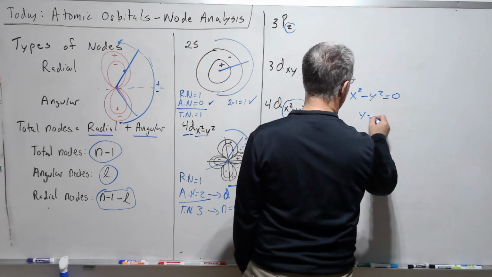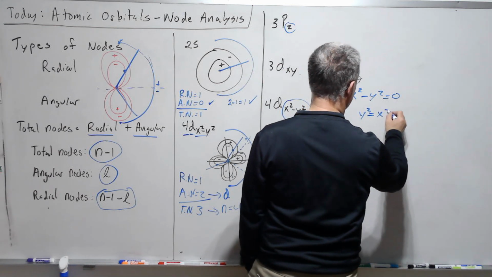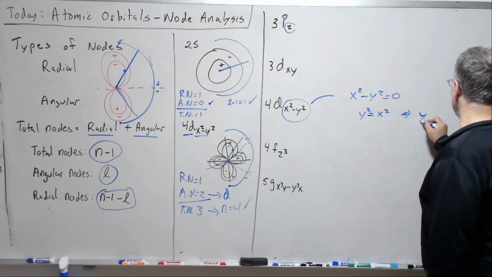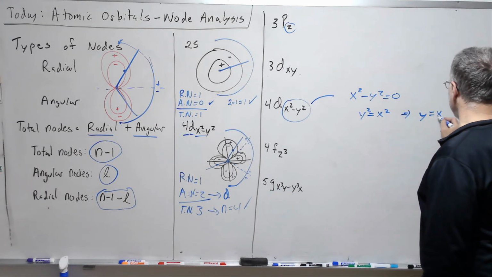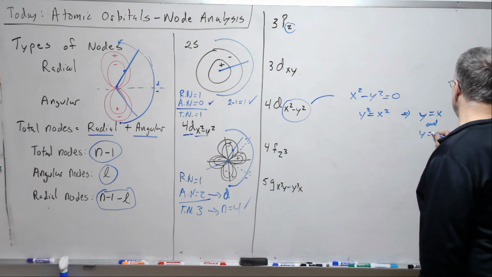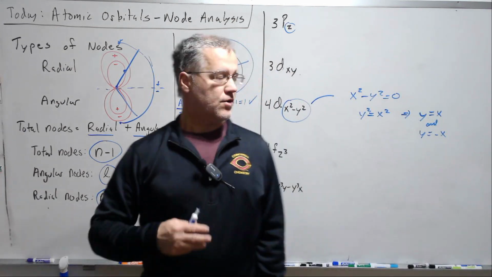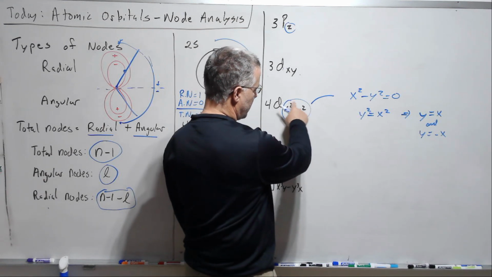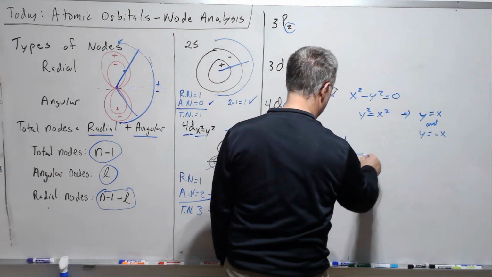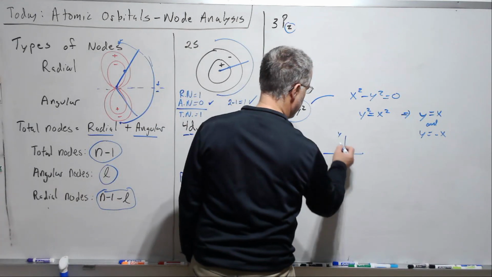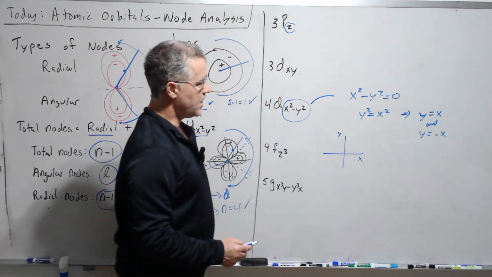So we get y squared equals x squared. And so this is solved by y equals x and y equals minus x. And so again, x and y are involved down here. So we'll draw this in the xy plane and draw these as lines.